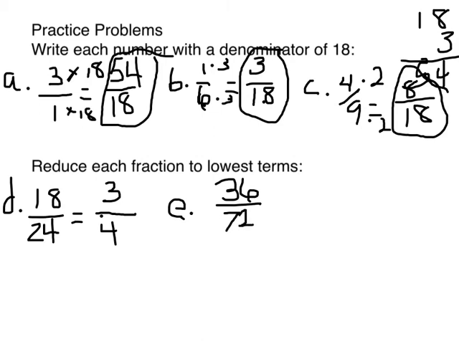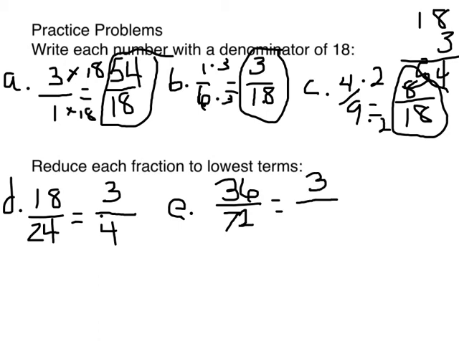Okay, E is 36 over 72. And again, I can look at those and I can say, well, they're both divisible by 6, but I know that there's a bigger number that will go into both, and you want to use the biggest number factor that will go into both to get it to its lowest terms. So if I use 12, and if I divide 36 by 12, I'm going to get 3.